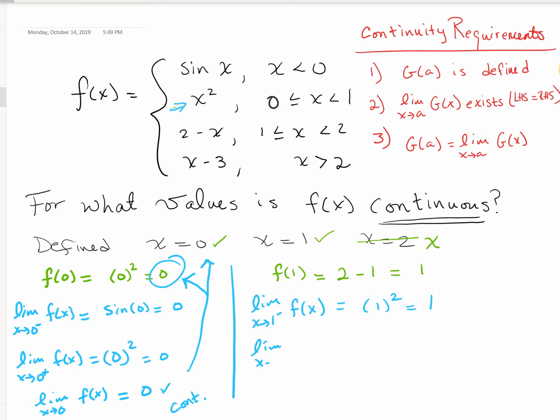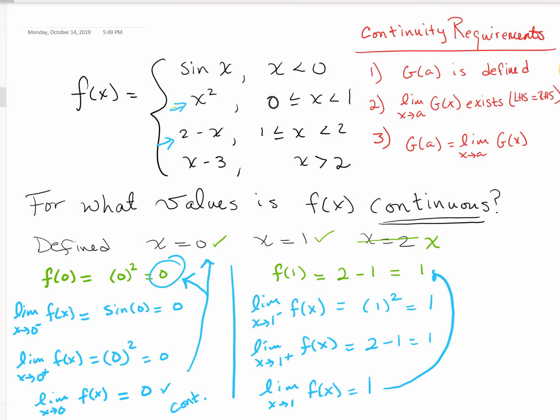The limit as x approaches 1 now from the right of f of x. This one right here is to the right. So now we plug that in, 2 minus 1, and we get 1. So the limit in general as x approaches 1 of f of x happens to be 1, since the left and the right hand side agree.